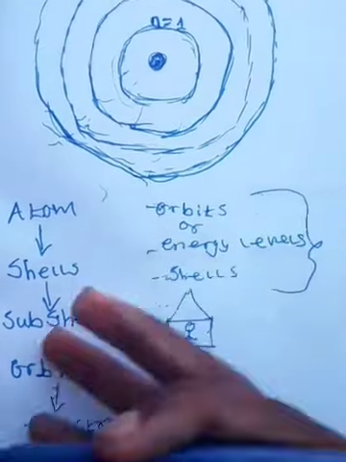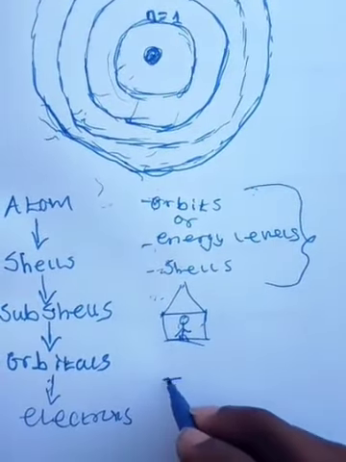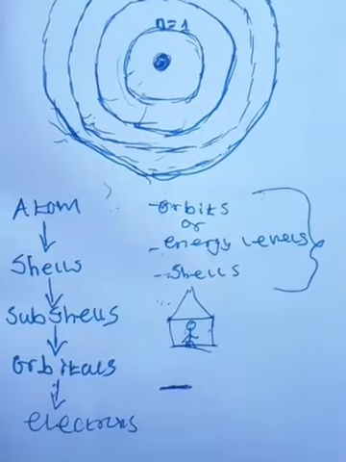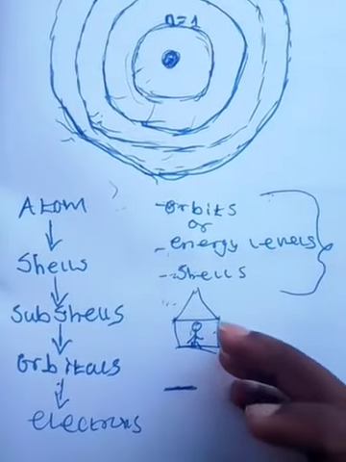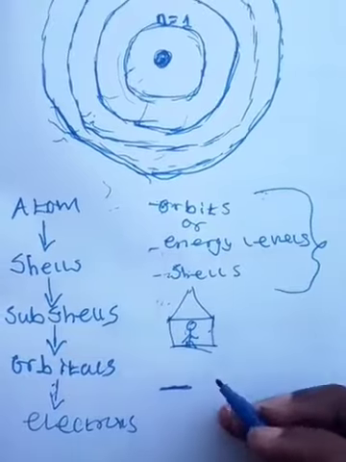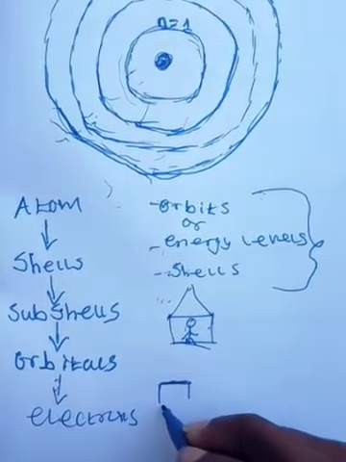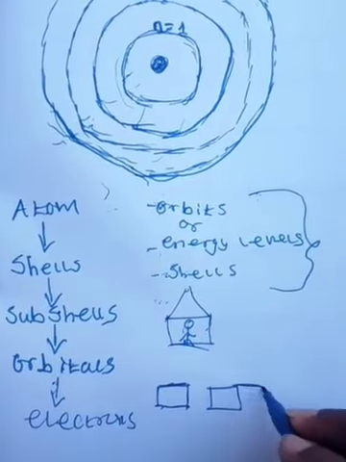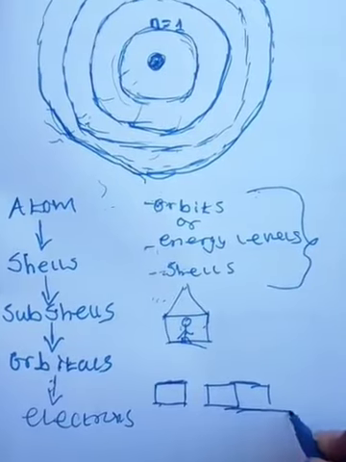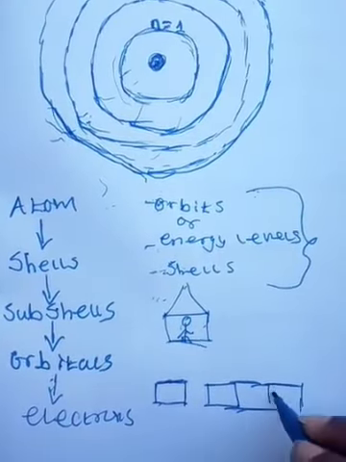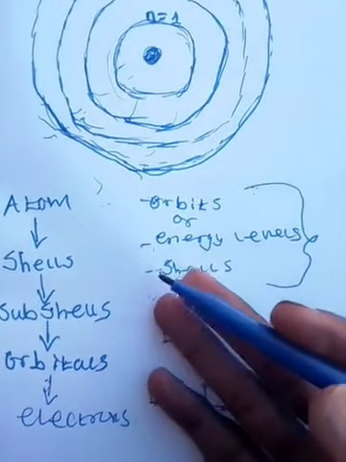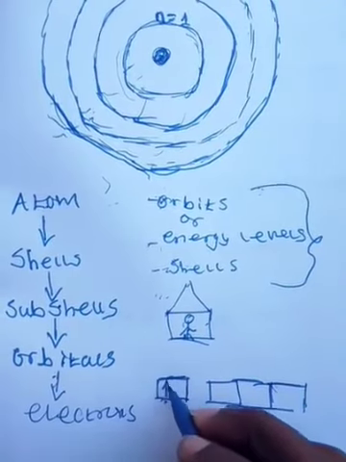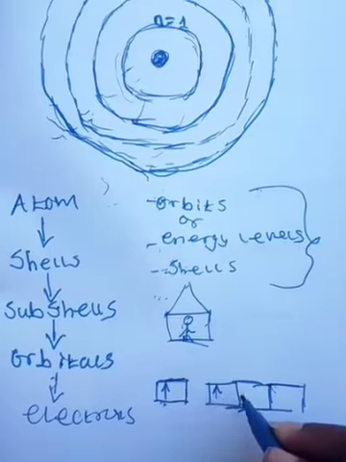The orbitals are drawn like this, depending on the subshell. Each subshell has a certain number of orbitals that it can have. We are going to look at that in a minute. It can have 1, maybe 3, so it depends on the subshell. In the orbitals is where you're going to find the electrons.